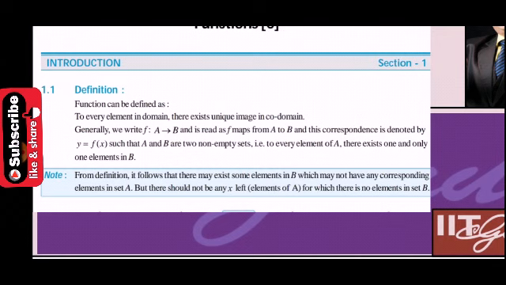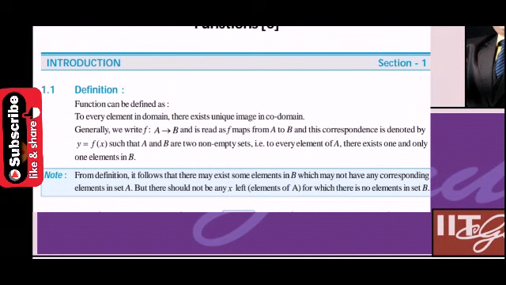You have to notice here that capital A and capital B are written here. Small a, small b are not traditionally written, because capital letters are only assigned to represent sets.